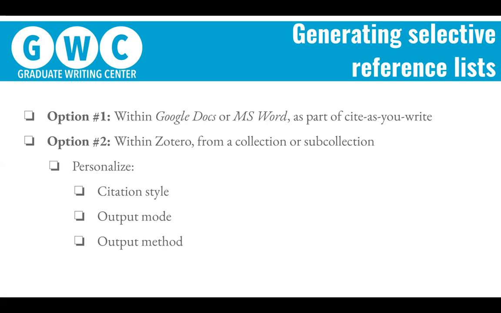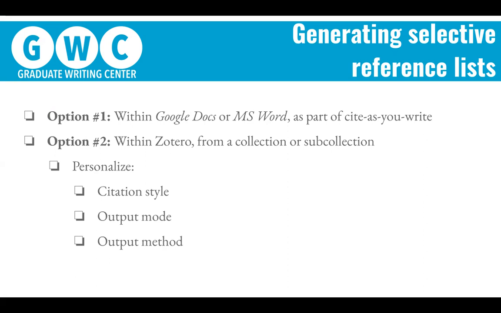And so for this particular webinar, I'm going to show you two ways to create selective reference lists for particular purposes. So option number one is to create your reference list directly within Google Docs or Microsoft Word as part of your process of writing or citing as you write.